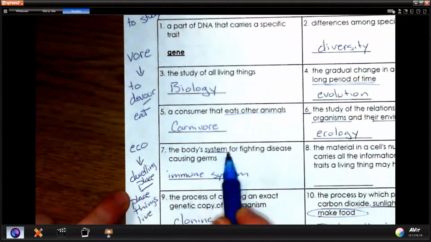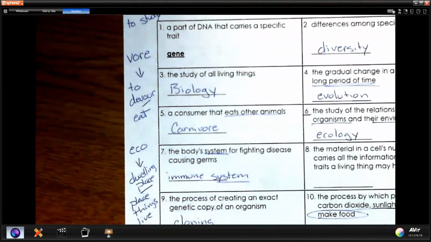Well, you try not to do this, but very often you will see, you try not to use a word in its own definition, but when it's a secondary word, sometimes they forget that. So I know I'm looking for some kind of a system. Well, they put system in the definition. And immune, is that a word anyone's ever heard?